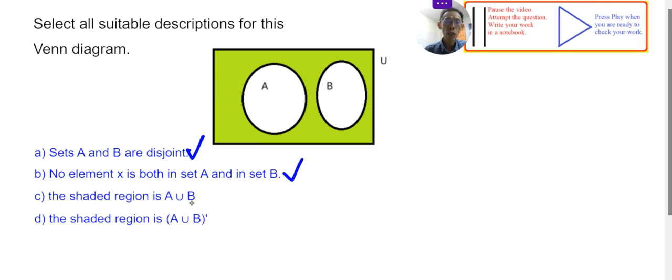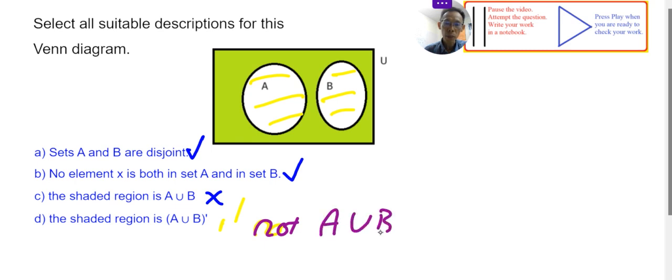The shaded region is A union B. That's not correct. A union B is this, everything in A or everything in B. The shaded region is the complement of A union B. That is everything that is not, let me write this, not A union B, which in this case is correct.